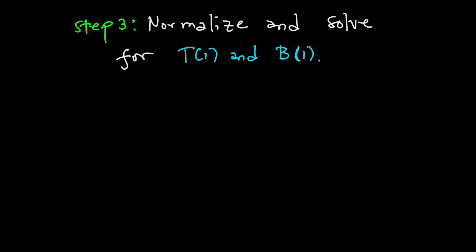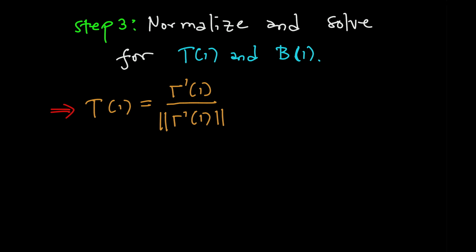And now for our step 3, we can normalize the value of r prime and the cross product to easily obtain T1 and B1. So here we have the value for the unit tangent vector, which is r prime divided by its magnitude. From the previous values we obtained, we can substitute that.